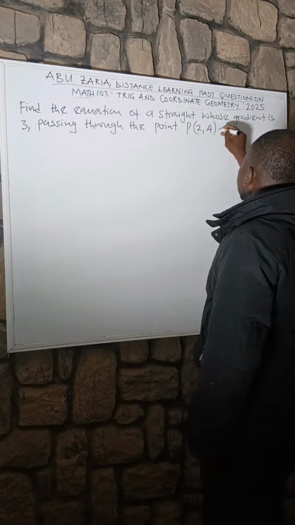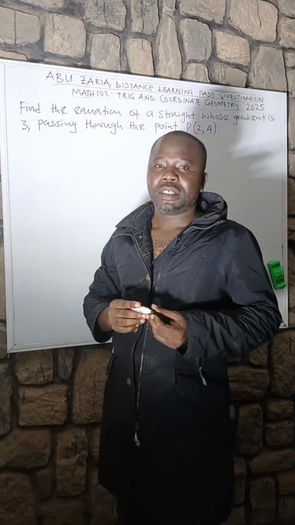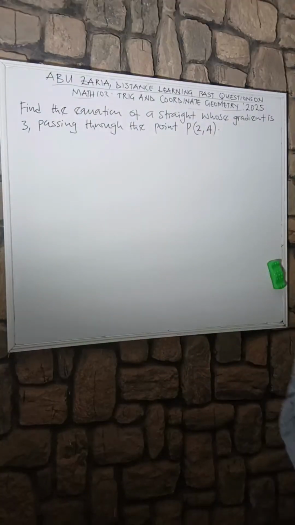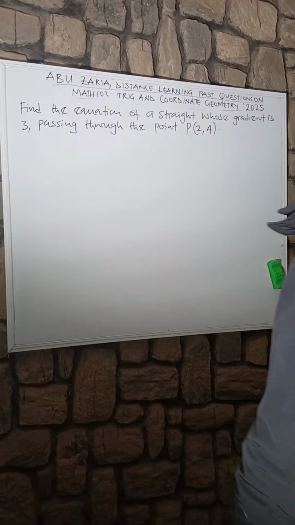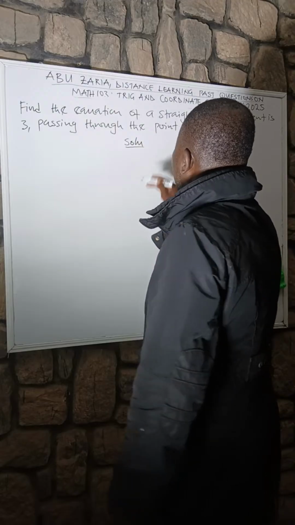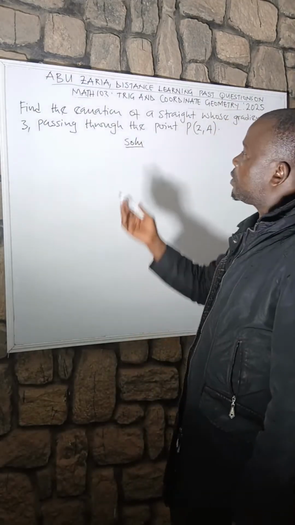Okay. So we'll look at this together. It's simple as ABC. Let's look at it together. So let's write the solution. First, solution. Let's look at this question.